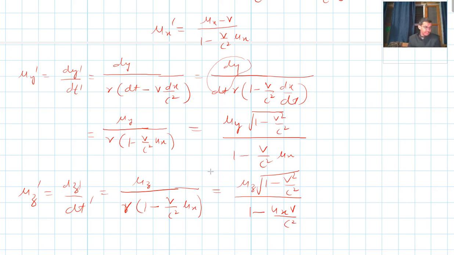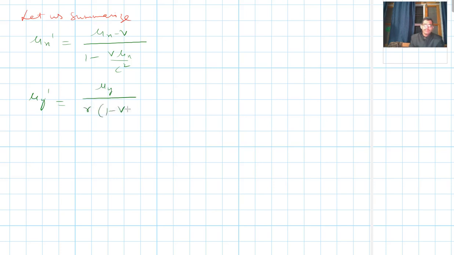So let me summarize these results. ux prime is equal to ux minus v upon 1 minus v ux over c square. uy prime is uy over gamma times 1 minus v ux over c square, or it is uy times the square root of 1 minus v square over c square, upon 1 minus v ux over c square.